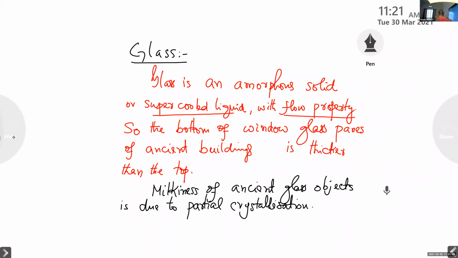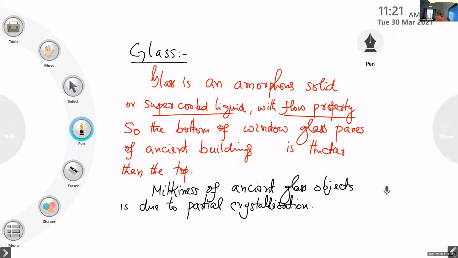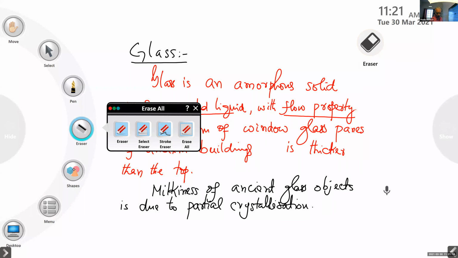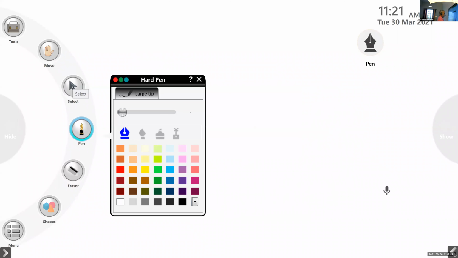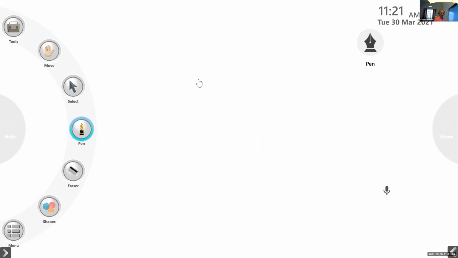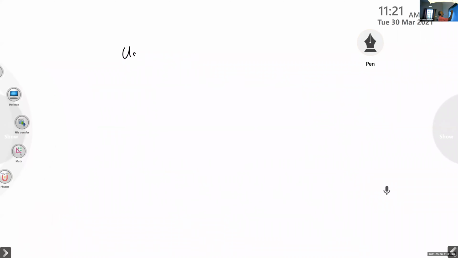Now let us see the properties or uses of some of the amorphous solids.